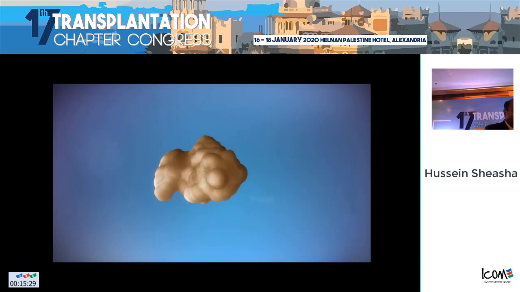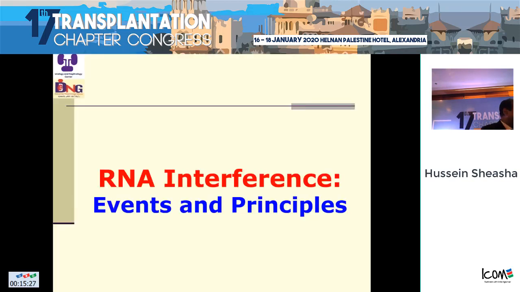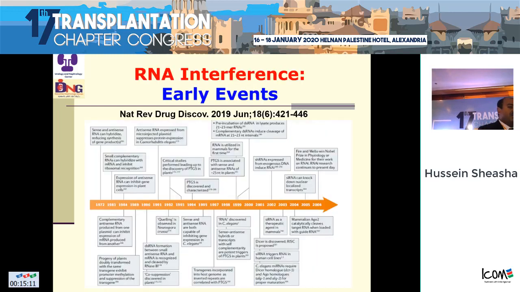So this is the most important point, to have normal translation. If we have normal translation, we have normal protein and we have a healthy environment. If this process is disturbed, we will have diseases. And I'm going just to show you some events in the history of evolution of RNA interference therapeutics.